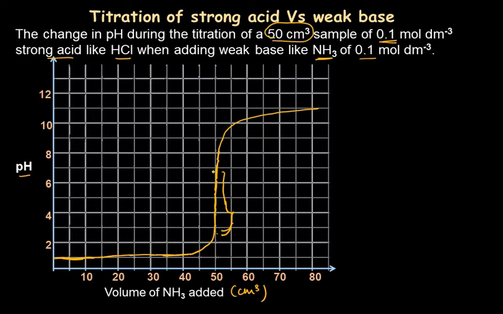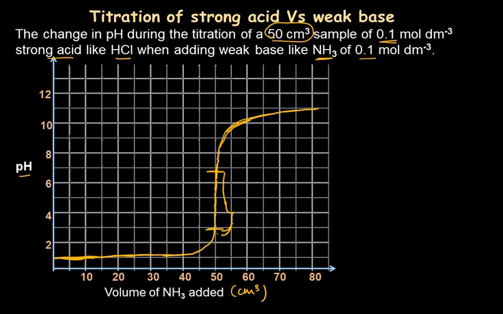So 2 to 3 pH units are showing the vertical line in the pH curve, and so the equivalence point of this titration should also lie in this pH range, that is the pH of 3 to 7, you can say. I'm not able to draw the curve properly, but you can see that the horizontal line is there for the strong acid, but as the base was weak, there isn't a horizontal line, but a curve which is drawn here for the weak base.